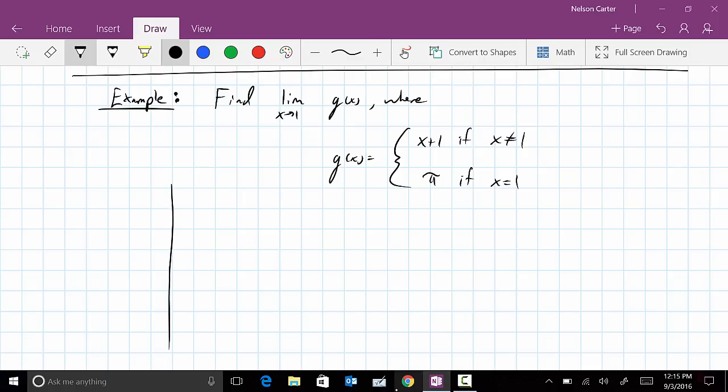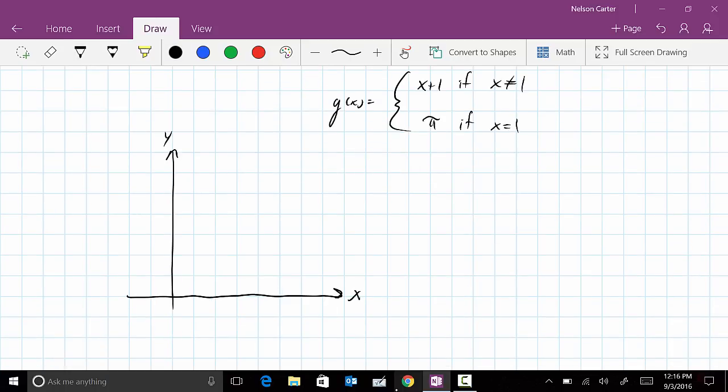This is a graph of it. Okay, so we've got x plus 1, that's a slope of 1, a y-intercept of 1, so it's going to look like this.